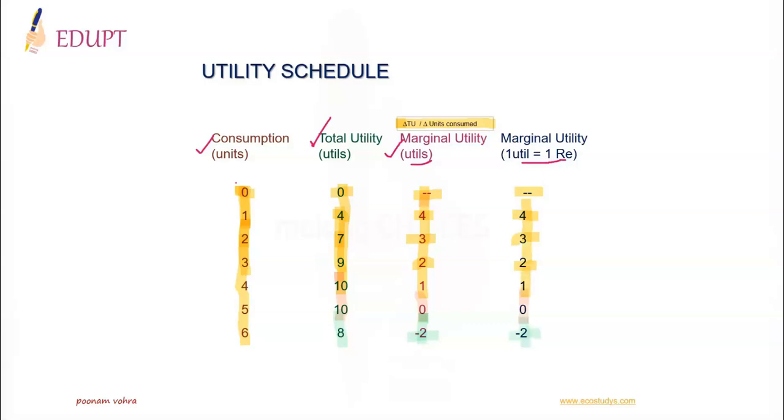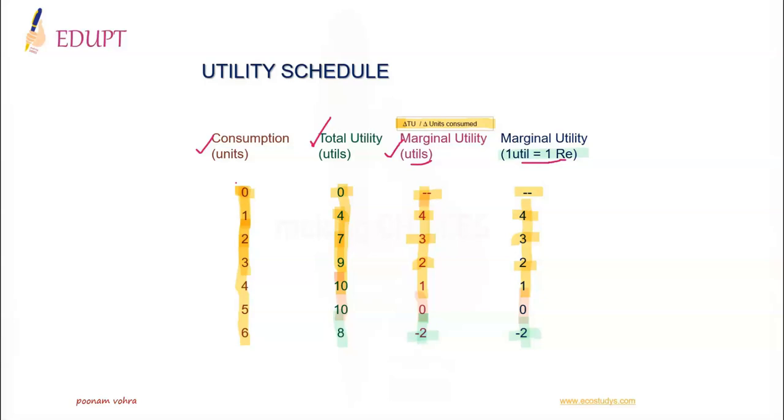Marginal utility in money terms is exactly the same as in util terms because of the assumption that 1 util is equal to 1 rupee. So one can conclude that as more and more units are consumed, total utility initially increases and then it remains constant and eventually declines.